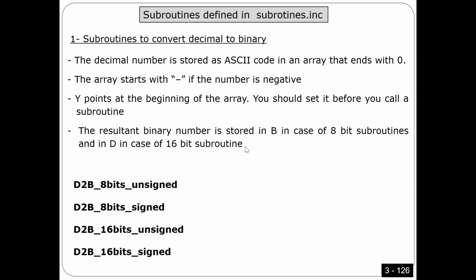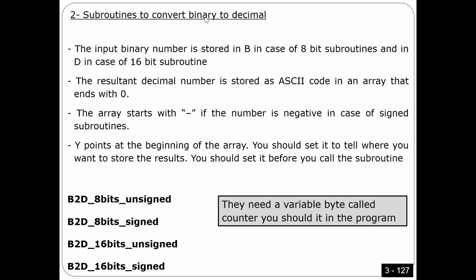I'm going to explain it right now, but let me talk about this one, convert binary to decimal. This function is for assembly language. What this one is doing is we have 4 cases actually. We have 2 cases for 8 bits. If the number you want to convert is 8 bits, we have 2 cases. For 16 bits, we have 2 cases.